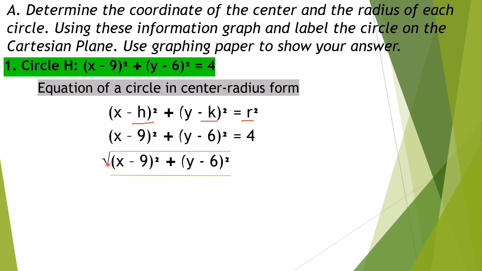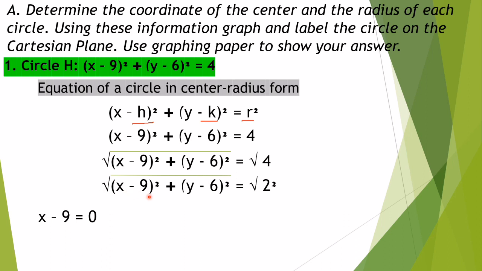So, meron na tayong square root of (x - 9)² + (y - 6)² = square root of 4. Since the radius 4 is a perfect root, so we're going to write that in exponential form. So, meron na tayong square root of (x - 9)² + (y - 6)² = square root of 2².